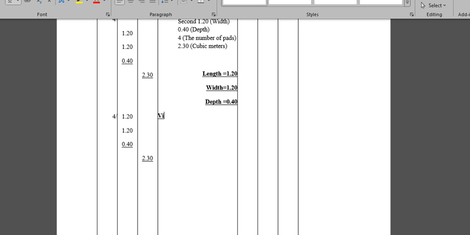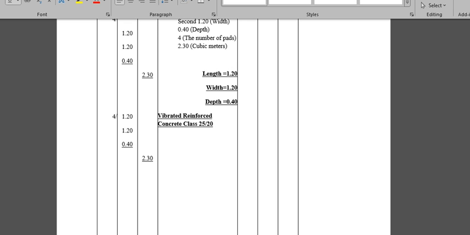So you will say vibrated, reinforced. Yeah, this was an example of a reinforced concrete pad. So vibrated, reinforced concrete. You can say, for instance, class 25, class 25/20.